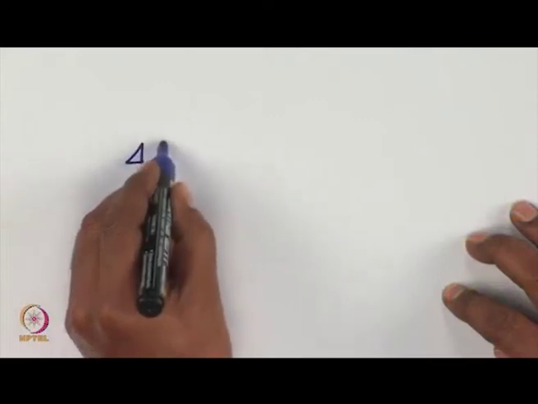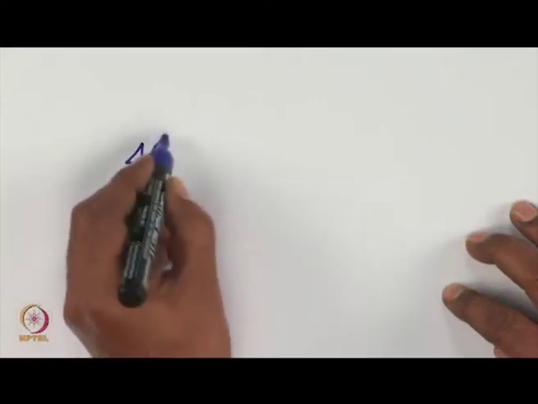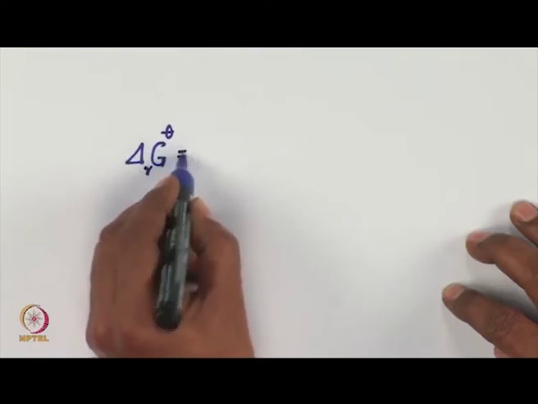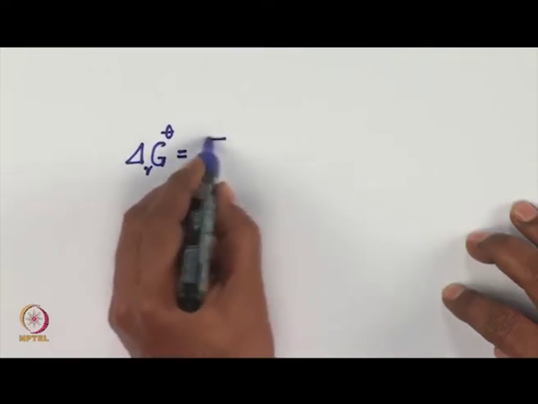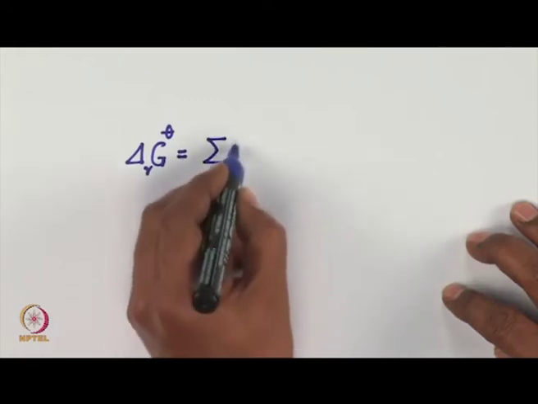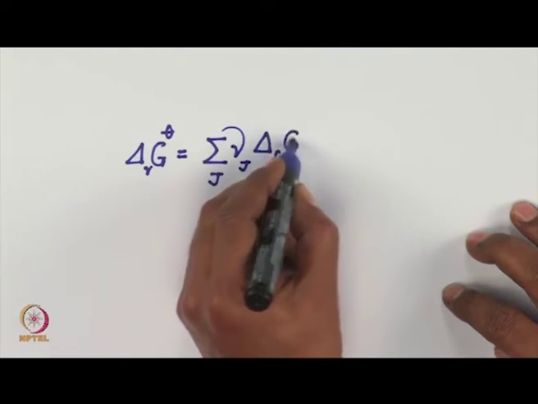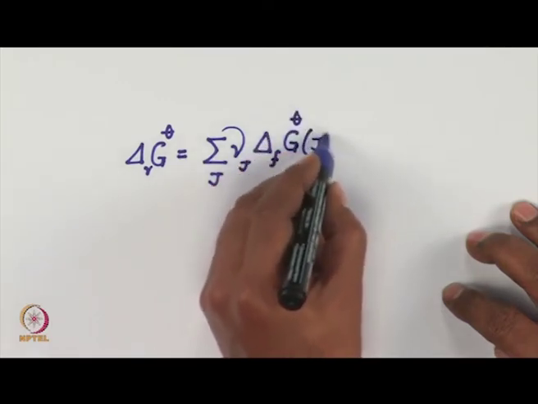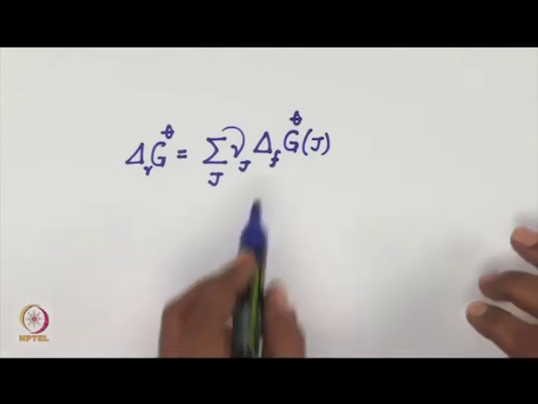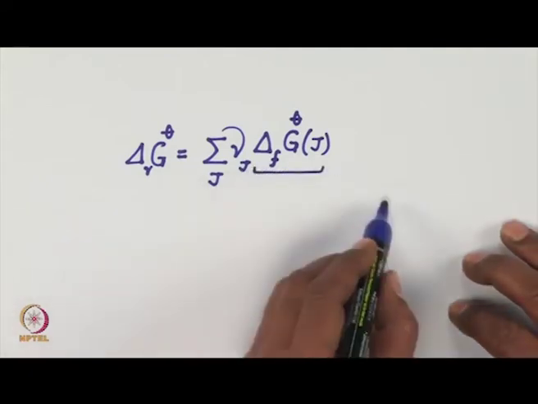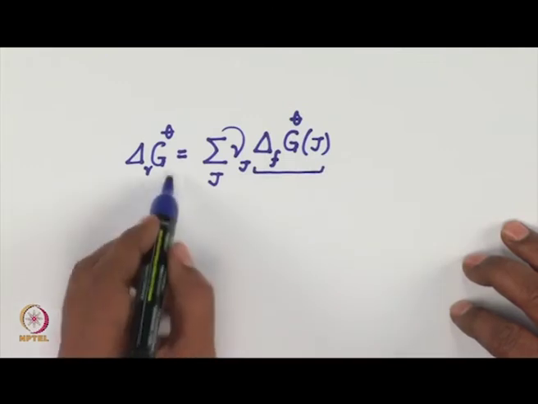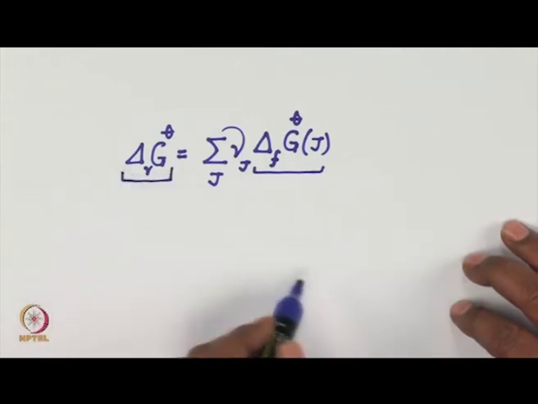So, remember that we have earlier discussed that the change in reaction Gibbs energy can be calculated from summation over j of nu j delta f G j, where f is formation. If I have the information on free energy of formation of reactants and products, I can immediately calculate the free energy change for the reaction.